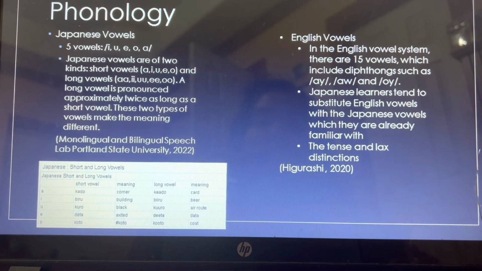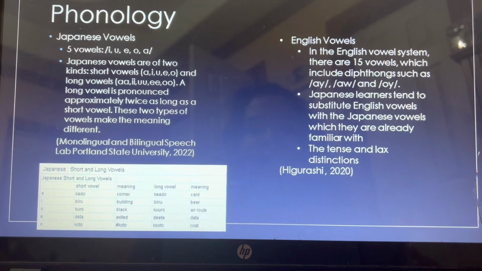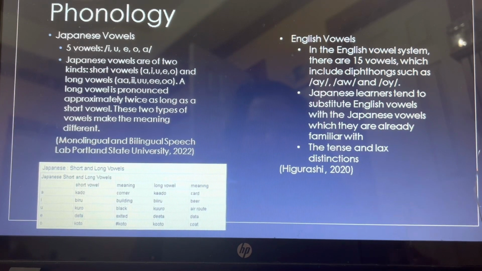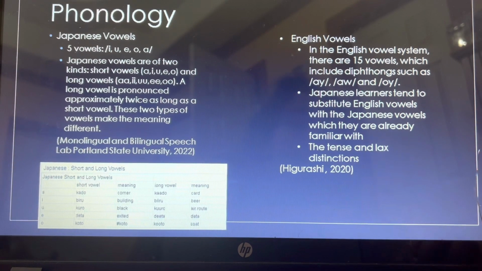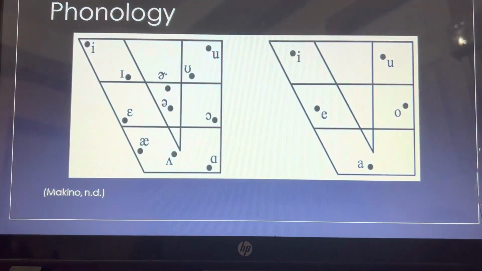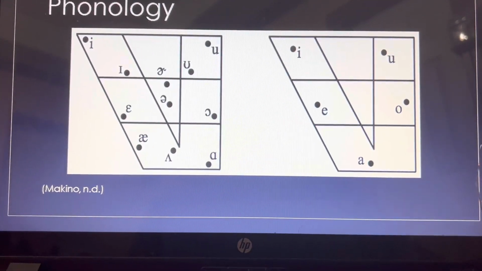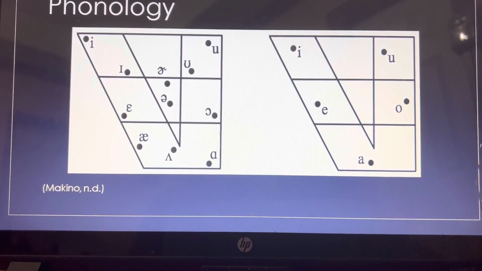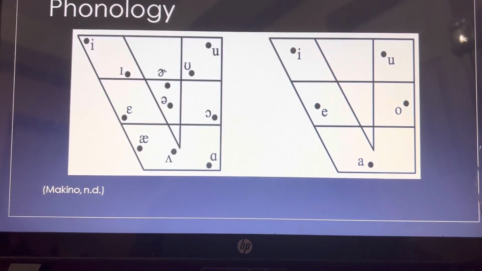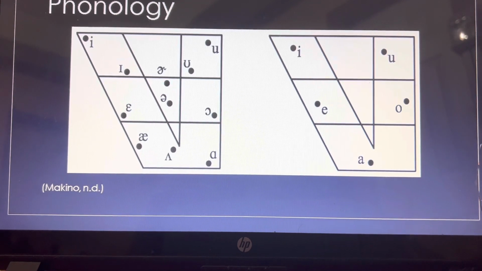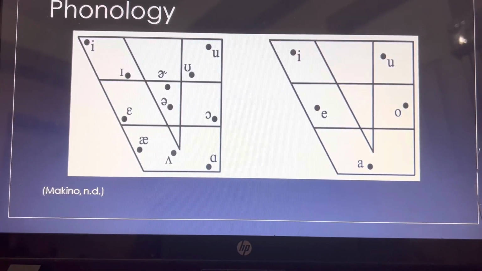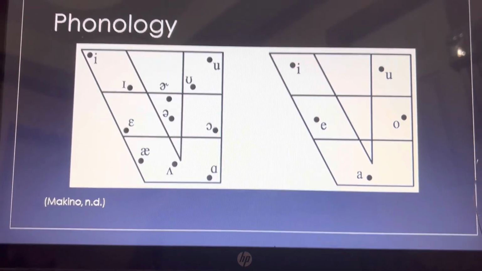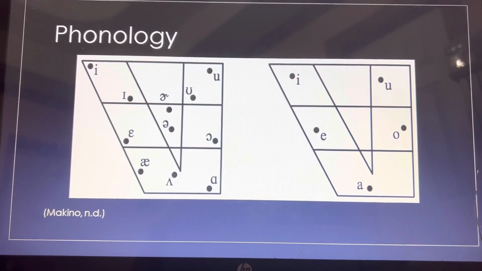Another difference is that the tension used in the vowels is different between both languages. Okay, and then right there, I found a really nice chart that demonstrates the difference between the vowels in both languages. On the left, that's clearly the English side, since it has way more compared to the 5 over there on the Japanese side.